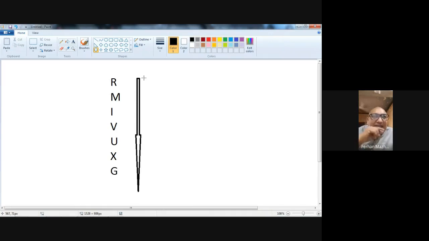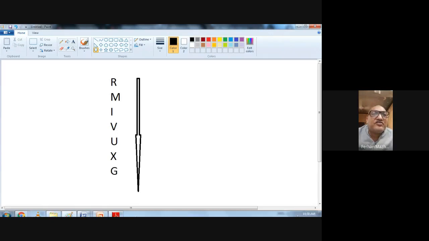It means red has the largest wavelength. Gamma has the smallest wavelength. Red has the least frequency and gamma has the highest frequency. In this order, when you go down, your wavelength decreases and your frequency increases.